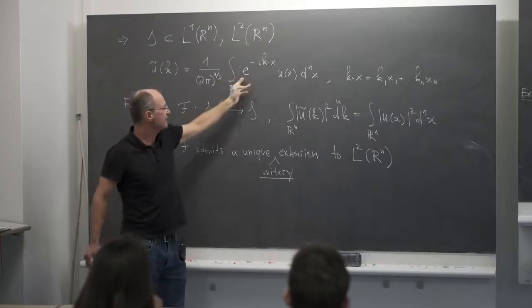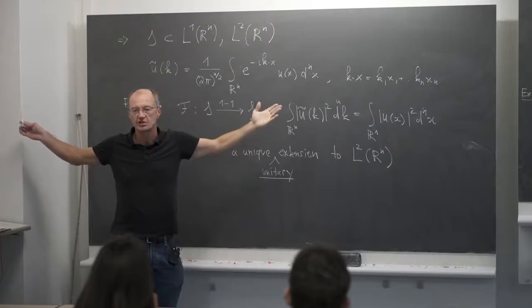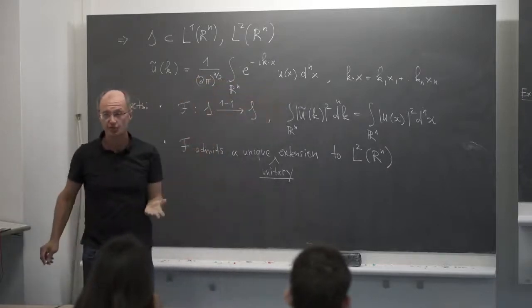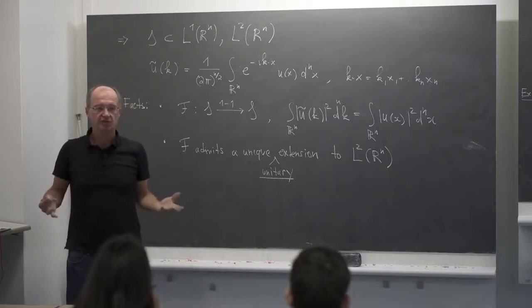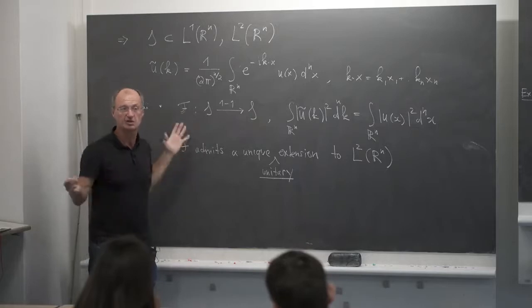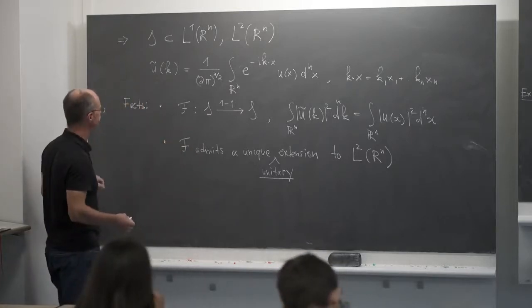But this guy is manifestly not in L2, right? Its norm is clearly infinite. So if you say that this formula defines the Fourier transform in L2, it does not make sense. However, S is dense in L2, and you extend this formula from S to L2 by continuity. So this does make sense.